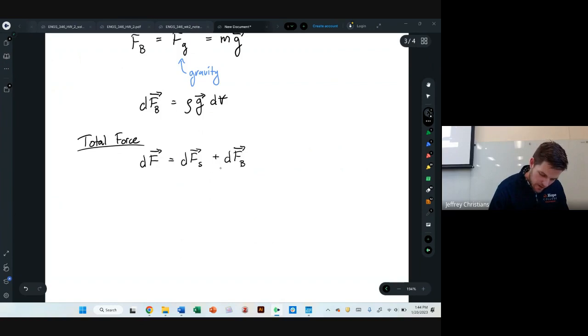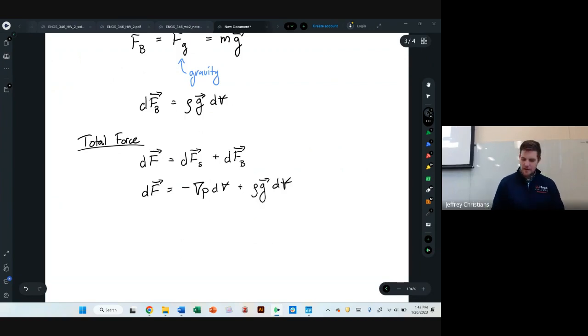So we could rewrite this as dF equals minus gradient of P times volume plus rho G times volume.